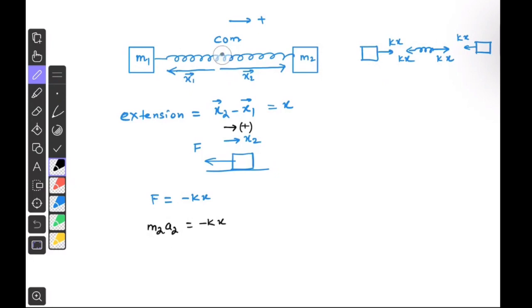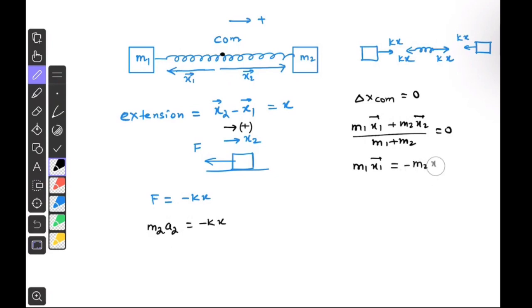And if the center of the mass is going to remain stationary, the displacement of the center of the mass will be 0. So (m1 x1 vector plus m2 x2 vector) by (m1 plus m2) must be equal to 0. So m1 x1 must be equal to minus m2 x2.